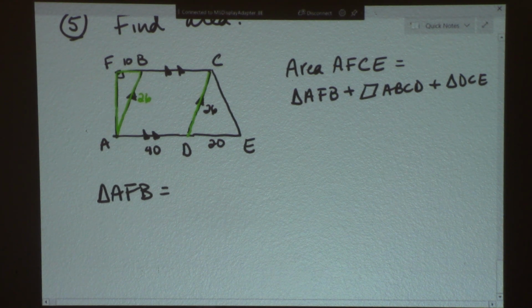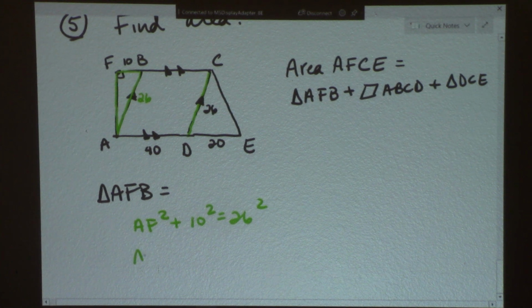And that's going to help me immensely because AFB is a right triangle. So then I can find AF by using the Pythagorean theorem. I'm going to have AF squared plus 10 squared equals 26 squared.